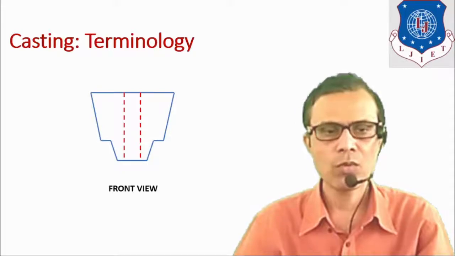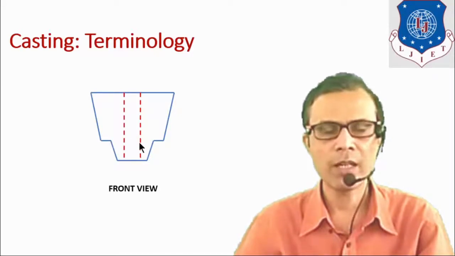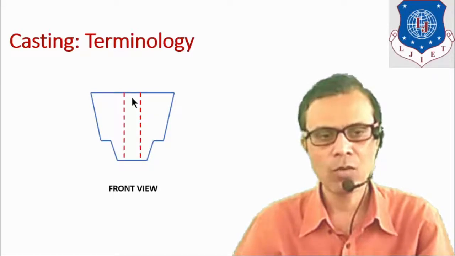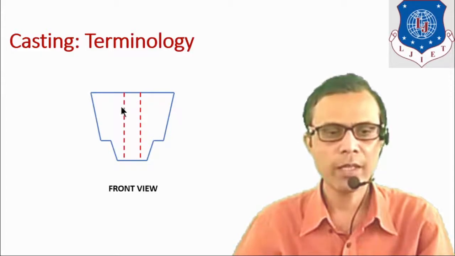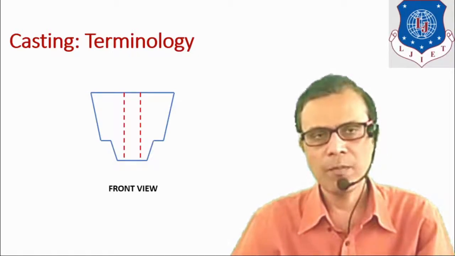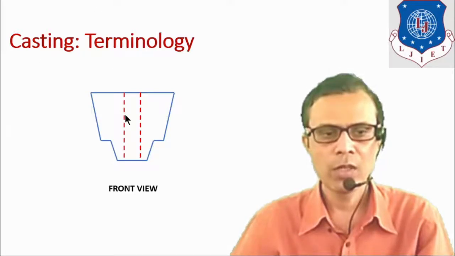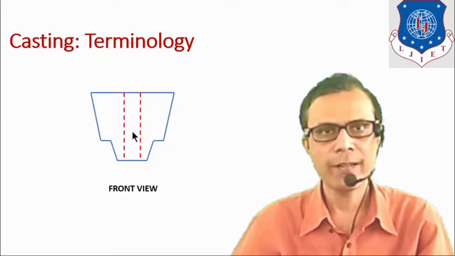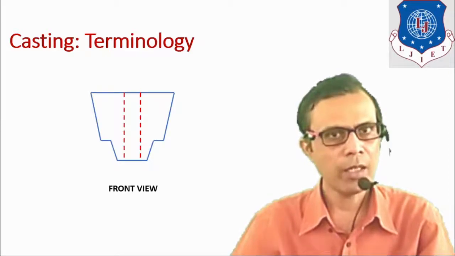It also contains a hole inside it. In drawing, it is shown by this dotted line. So it is a hollow cavity or hole which is required to be produced in this workpiece. So the important point is that there should not be metal flow in this particular area. We have to design the molding in that way.